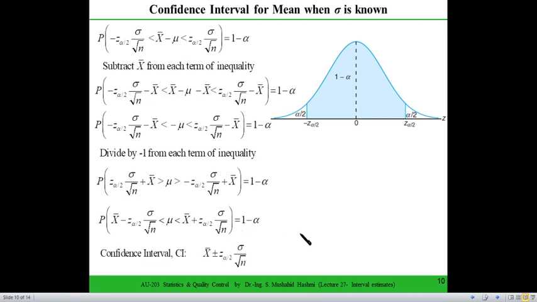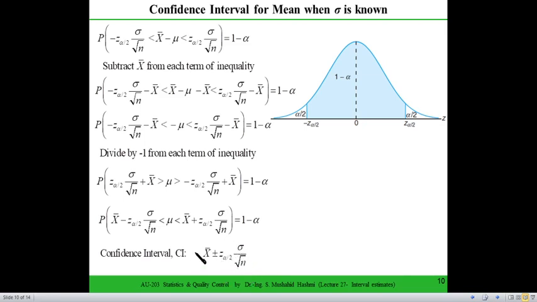So your confidence interval would be x bar plus or minus Z at alpha by 2 times sigma over root n. This is sometimes called the standard error.